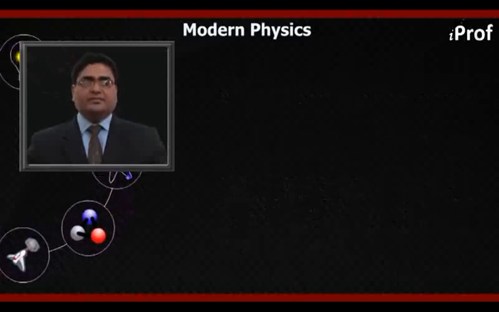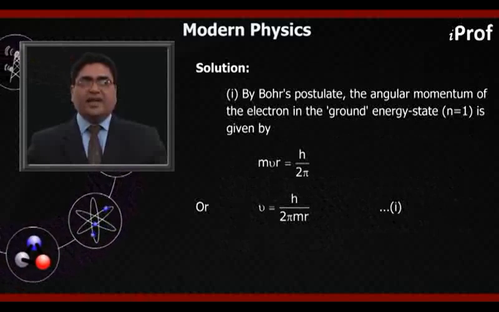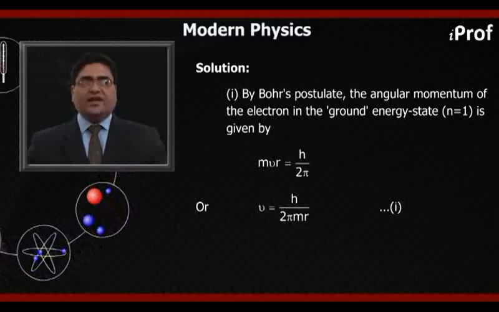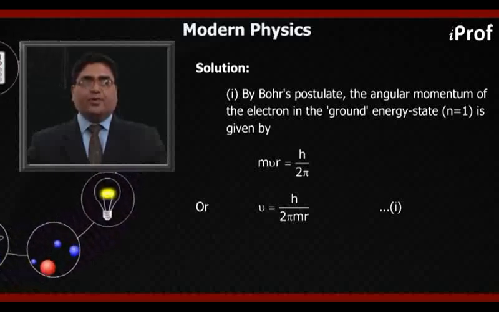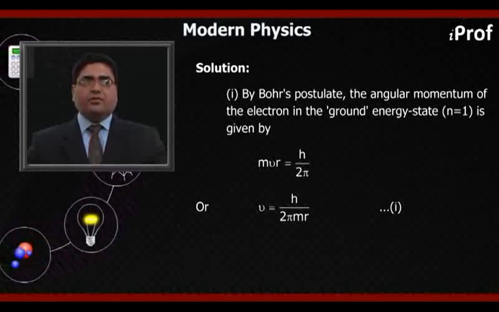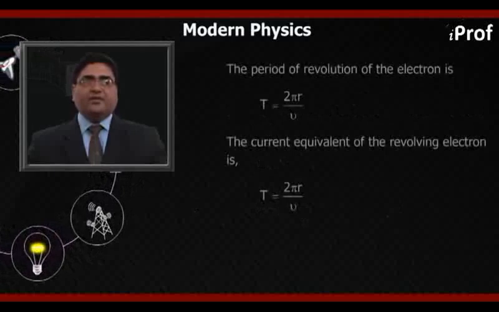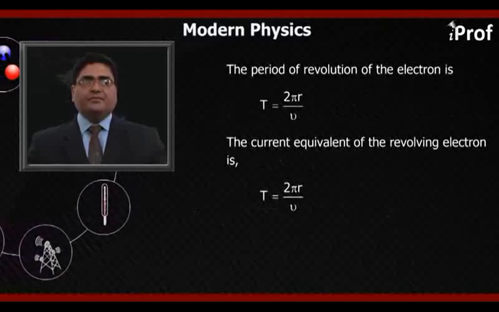Let's see the solution. First, by Bohr's postulate, the angular momentum of the electron in the ground energy state n = 1 is given by mvr = h/2π, so v = h/2πmr. The period of revolution of the electron is T = 2πr/v.